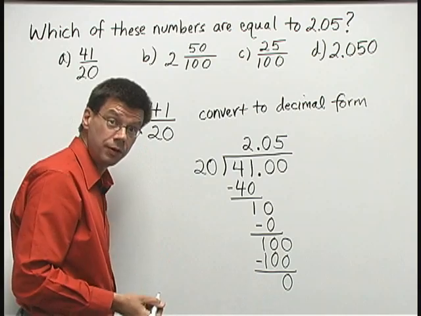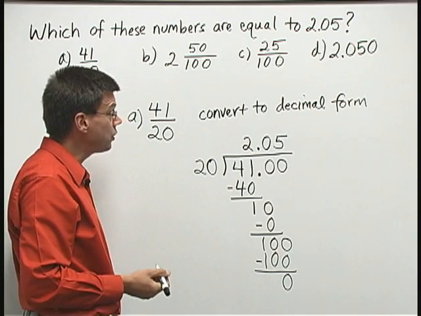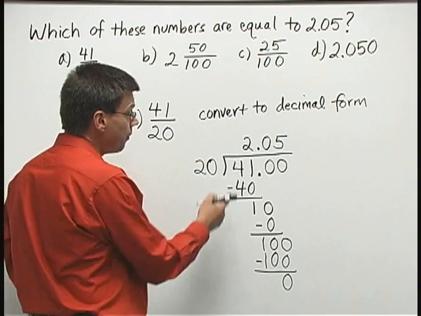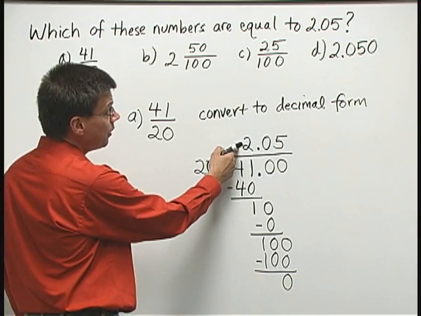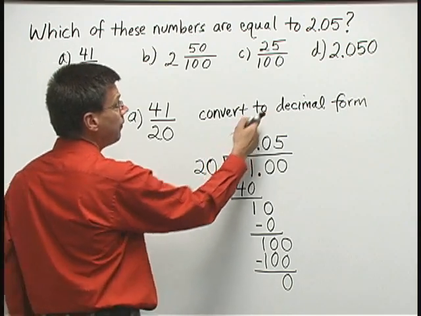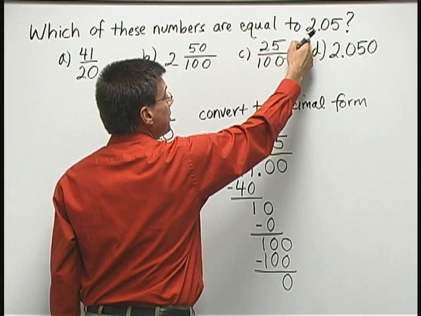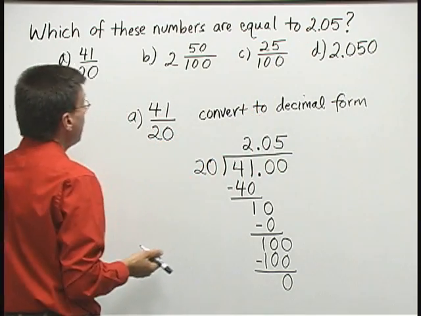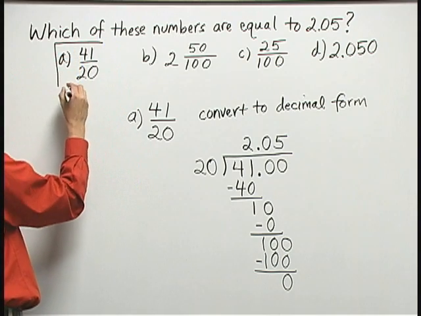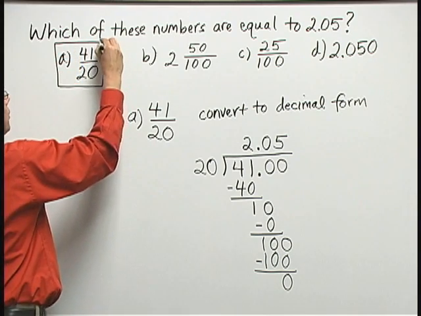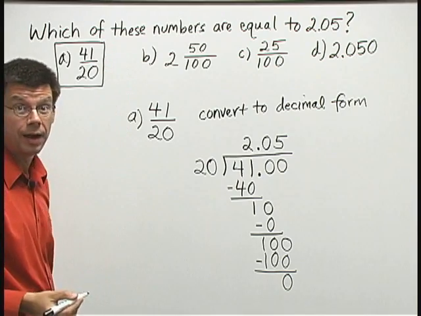And because we got 0, we can stop the long division process now. So my decimal form for 41/20ths is 2.05. That's exactly the same as this decimal. So yes, 41/20ths is equal to the decimal 2.05.